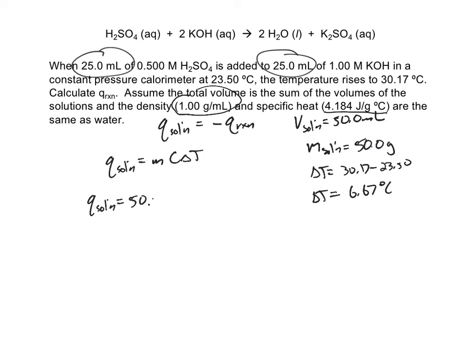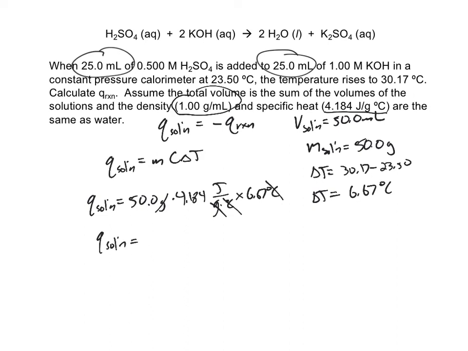I have 50 grams. I have the specific heat of the solution. My delta T is 6.67 degrees Celsius. So the Celsius cancels, the grams cancel. I'll be left with joules.